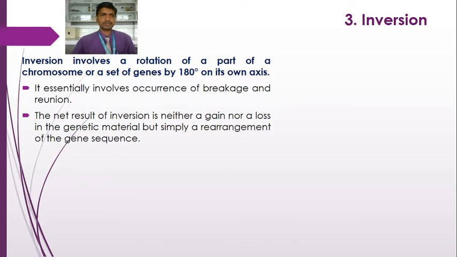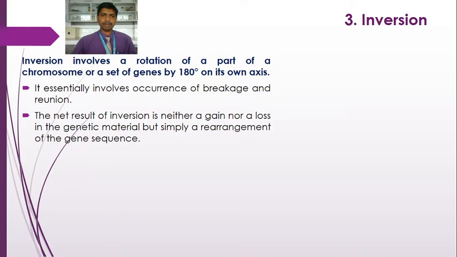By definition, inversion involves a rotation of a part of a chromosome or a set of genes by 180 degree on its own axis. It essentially involves occurrence of breakage and reunion. So for the rearrangement of the gene sequences, when a set of genes are rotated by 180 degree on its own axis, there is occurrence of breakage and reunion.